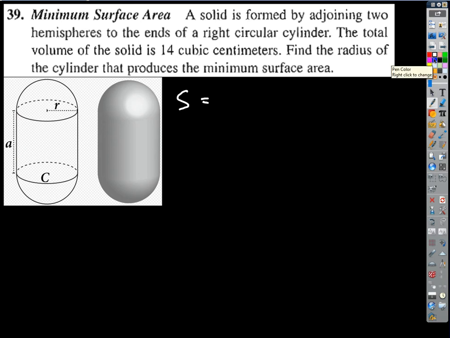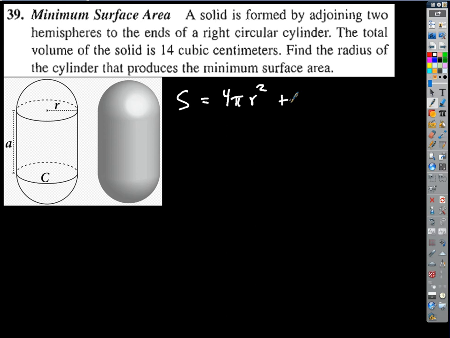The end caps combined, would everybody agree, you can reconfigure this in your mind. The end caps just make a sphere. So we've got the surface area of a sphere, 4 pi r squared, or 2 tau r squared, plus all we want is the barrel, the lateral surface area of the cylinder.